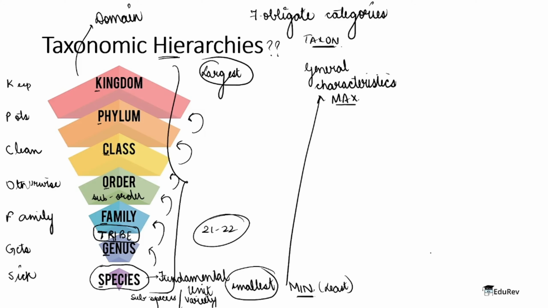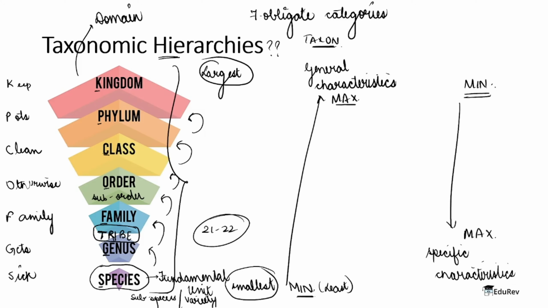But if we talk about specific characteristics, they are maximum in species while they are minimum in kingdom.